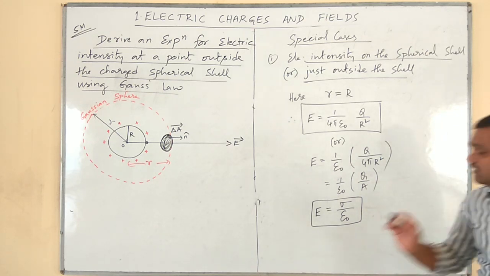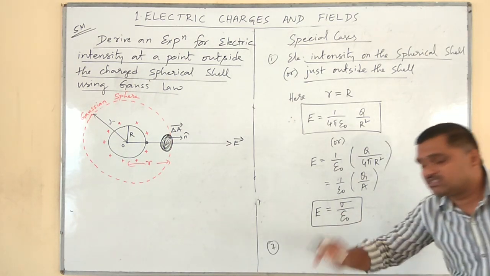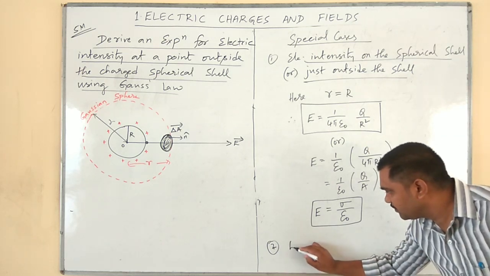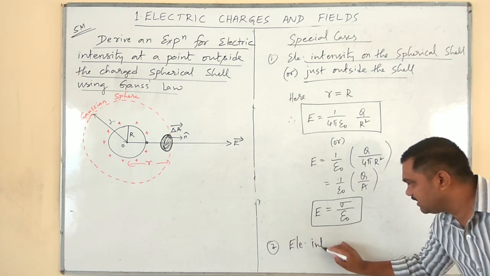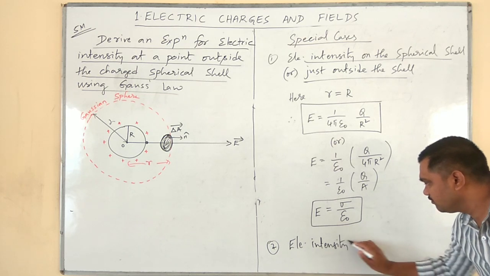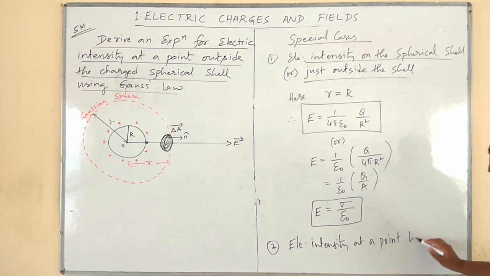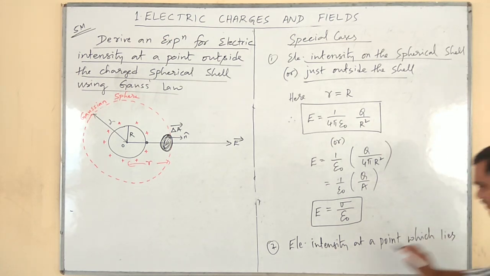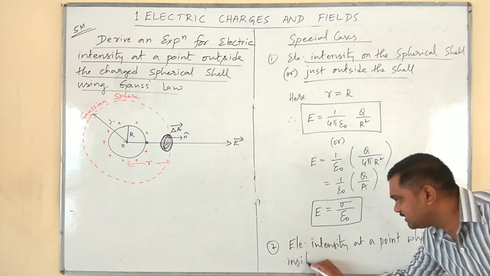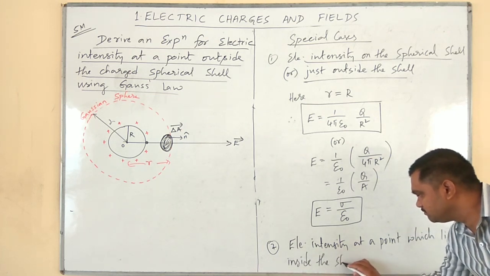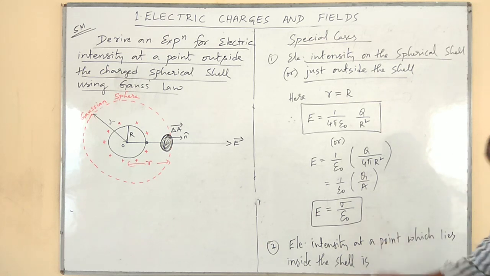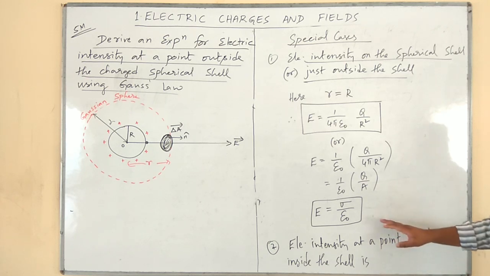Similarly, the second special case is electric intensity at a point which lies inside the shell. Yes, you have to be very careful here. It may be asked for 1 mark.